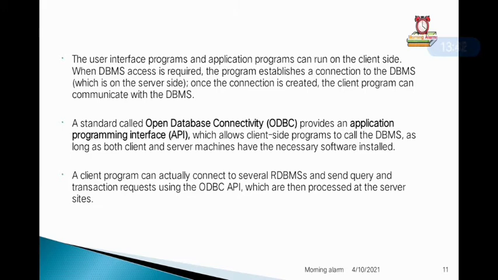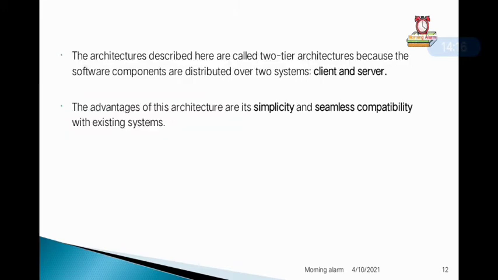This helps the client-side programs to call the DBMS as long as both client and server machines have the necessary software installed. A client program can actually connect to several RDBMSs and send query and transaction requests using the ODBC API, which are then processed at the server side.